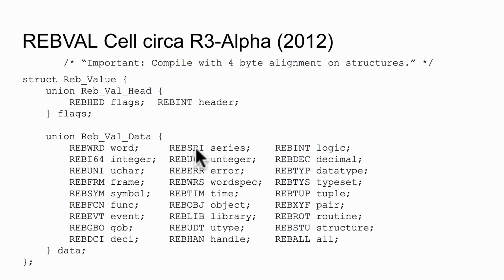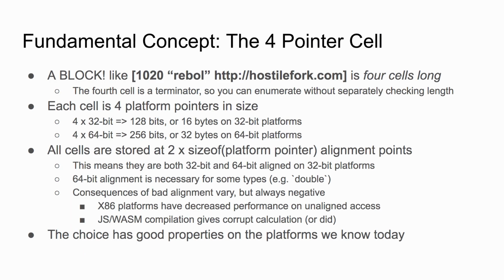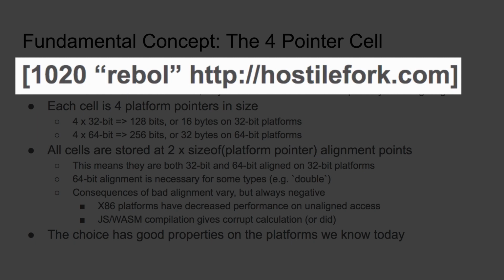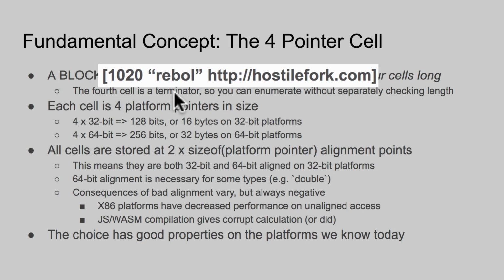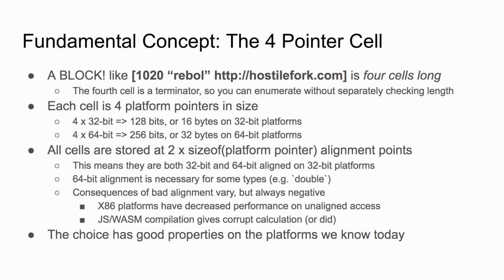So that's 2 things. When you look at a block that has several values in it, that block is 4 cells long, and the 4th cell is a terminator. If you're just going to churn through a block, your pointer is marching along in memory, and then you just look for a cell flavor that is an end. And Ren-C has enhanced this, and I'll explain some of that. There were some alignment issues initially, especially in the 64-bit build, where things like a double want to be on 64-bit boundaries.